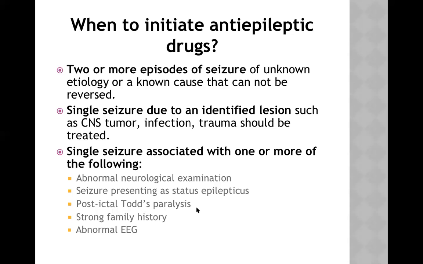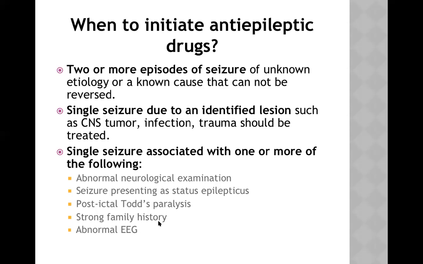Todd's paralysis is a transient type of weakness or paralysis of the limb and body after a generalized type of seizure. After that, when the person regains consciousness, they feel very weak and exhausted. This can be considered as one of the differential diagnoses of TIA, a transient ischemic attack, because it will recover within 24 hours. That is Todd's paralysis. So Todd's paralysis occurs after generalized type of seizure.